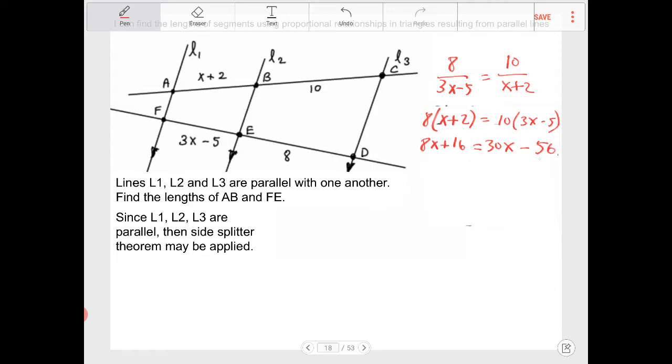Bring all the x's to one side and everything else to the other. If I add 50 to both sides, I get 66, and if I subtract 8x from both sides, I end up with 22x. Divide both sides by 22, and x is equal to 3. So if x is equal to 3, this side over here is going to be 5, and this side over here is going to be 10.